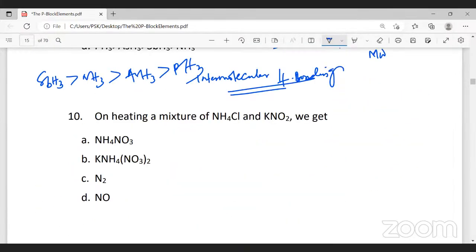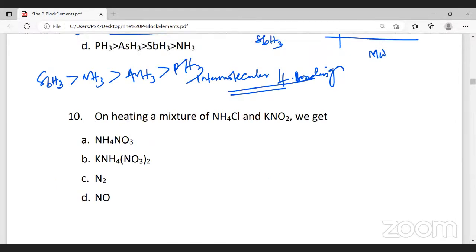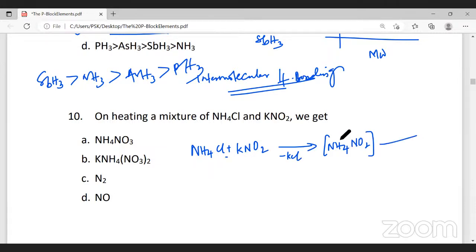Next, on heating a mixture of ammonium chloride and potassium nitrite, KNO2, when allowed to react, the intermediate compound we get is ammonium nitrite, NH4NO2, and KCl gets eliminated as a byproduct. Now, when we heat it, it decomposes to form nitrogen gas, N2, and also you get 2 moles of water, 4 hydrogen and 2 oxygen.